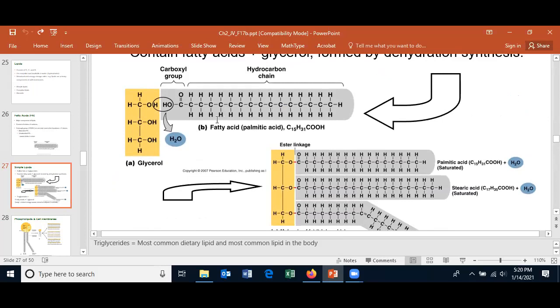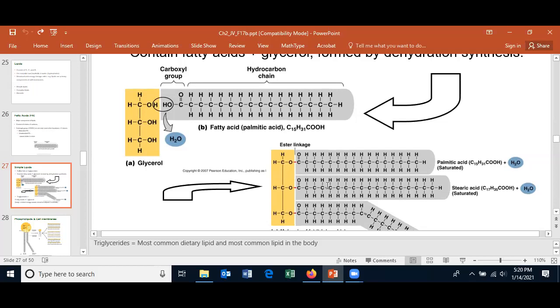The fatty acid molecule comes on in dehydration synthesis, and an OH comes off of the fatty acid part, and an H comes off of the glycerol part, forming the water. And then this carbon here binds directly to that oxygen there, and there you can see is the fatty acid bound to the glycerol right here.